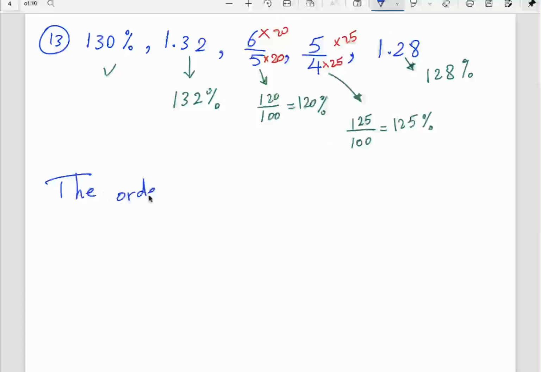Okay, teacher, we'll write it from the least to the biggest. Okay, 120, 6 over 5. Yes, Fahad, please mute your mic. Okay, the 5 over 4.